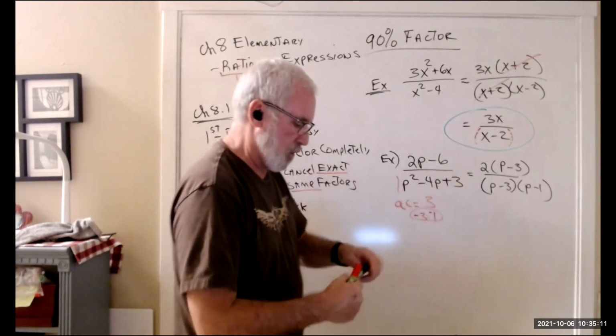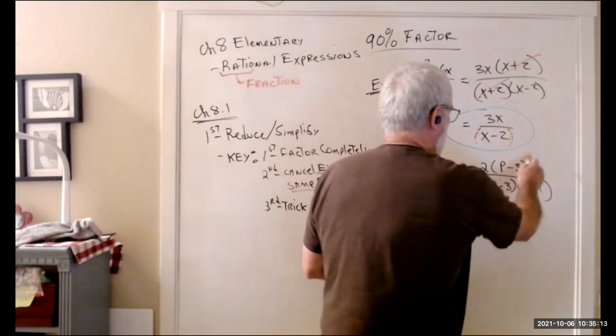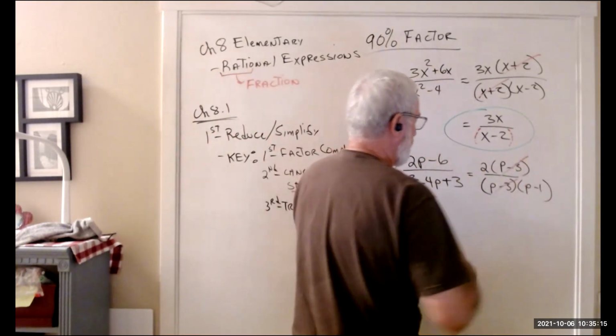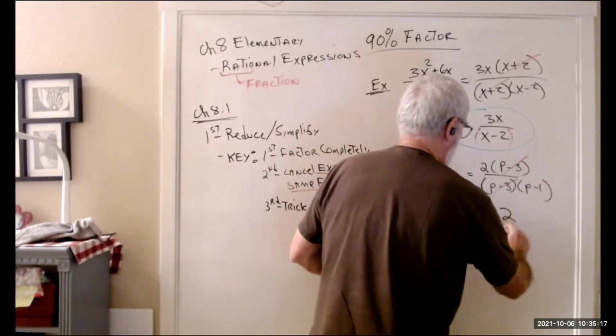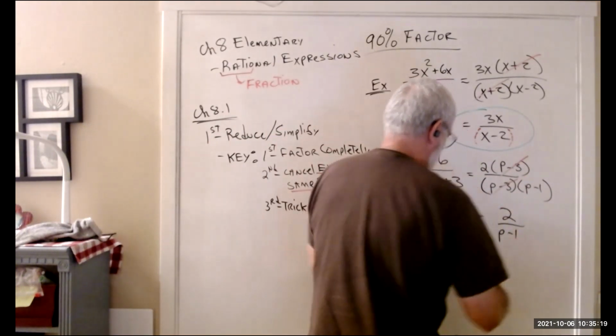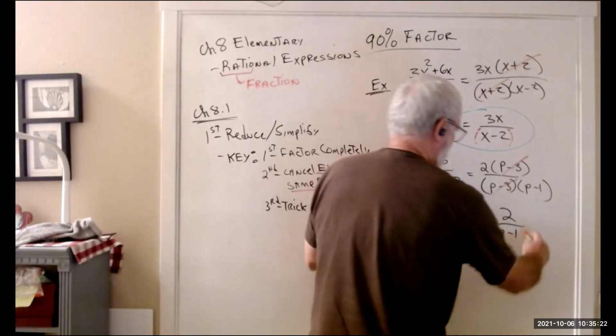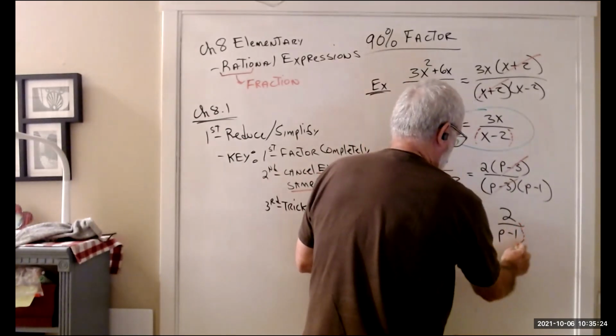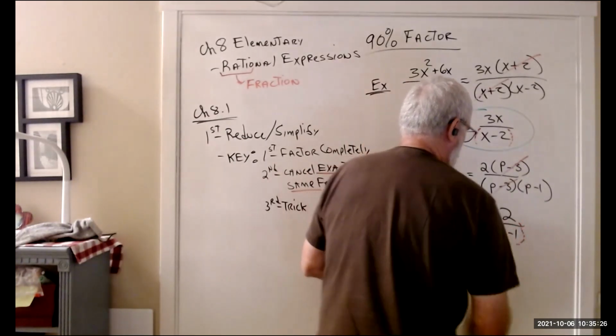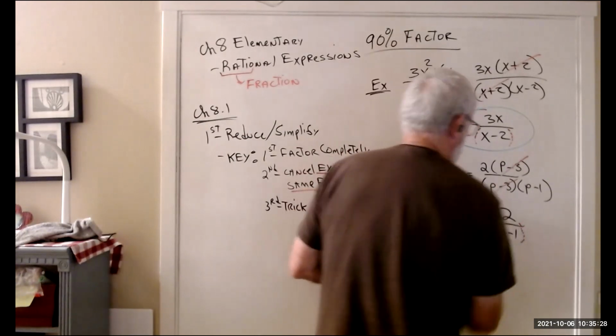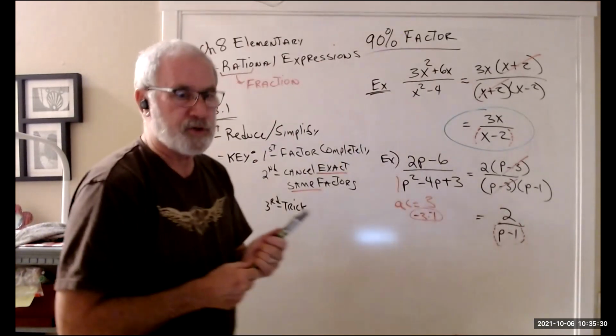So you get this. So who cancels out? The p minus 3's cancel out. So we're left with 2 over p minus 1. And it wouldn't bother me at all if, for safety's sake, you always put in those missing or extra parentheses.